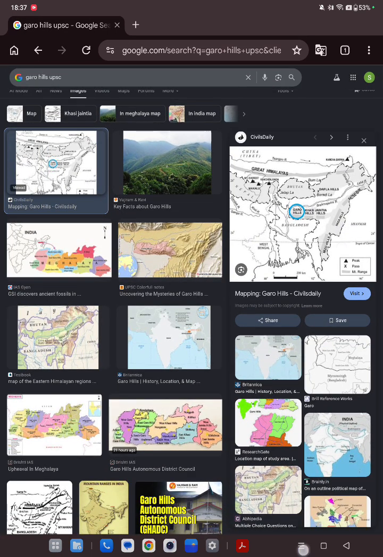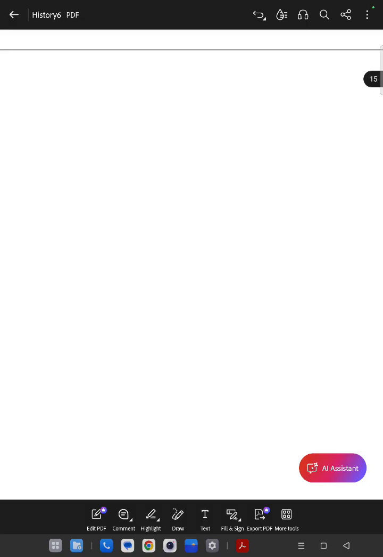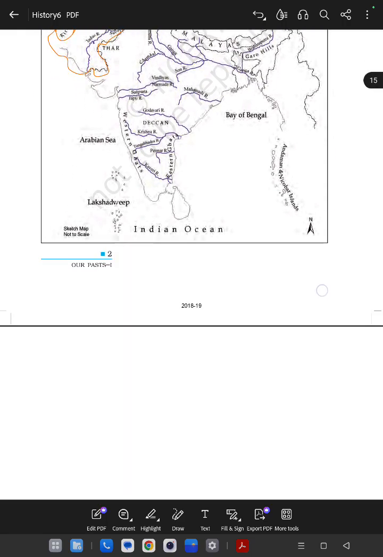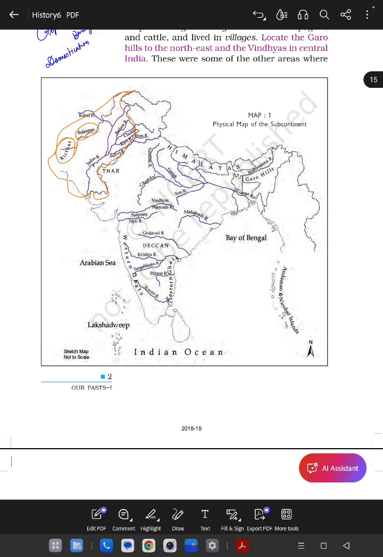Next, coming to the next page. Here, this map we have to learn very precisely as it is UPSC.